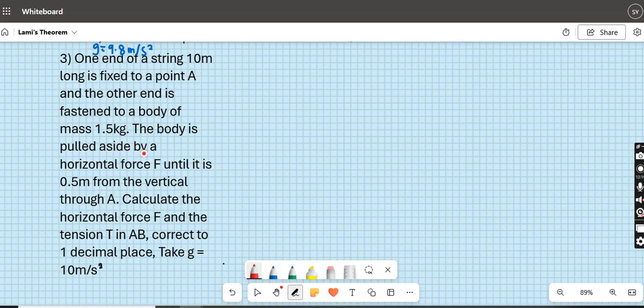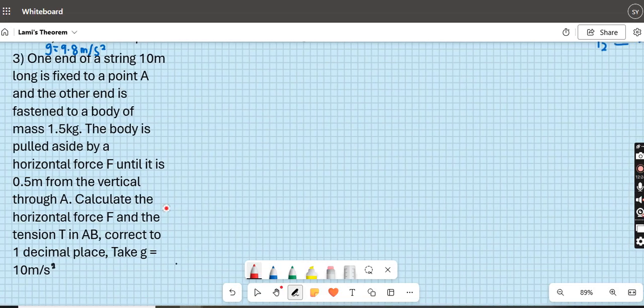The body is pulled aside by a horizontal force F until it is 0.5 meters from the vertical through A. Calculate the horizontal force and the tension in AB correct to 1 decimal place. Take G to be 10 meters per second squared.